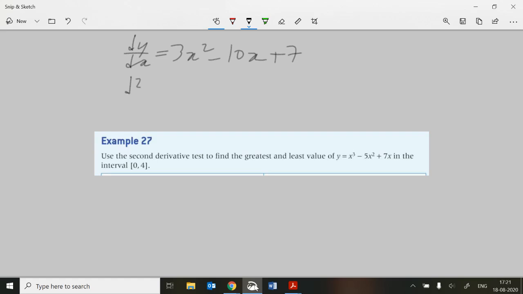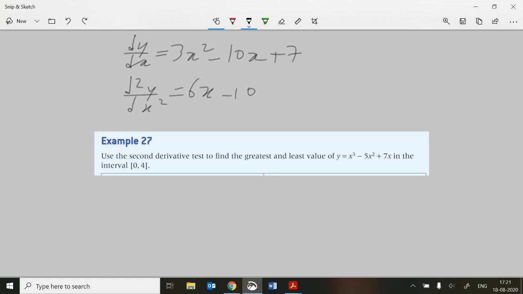And let's look at the second derivative as well. So the second derivative here is going to equal 6x minus 10. And we're talking about it in the interval between 0 and 4.